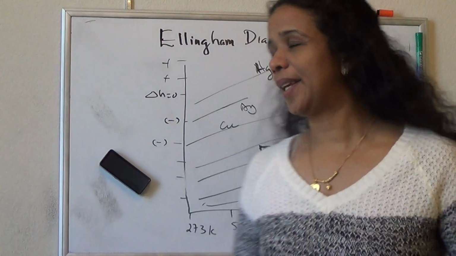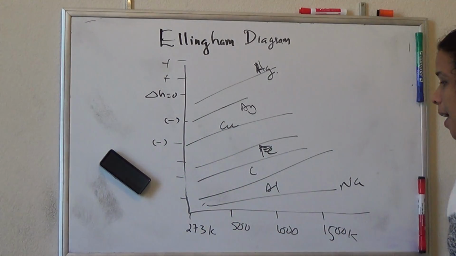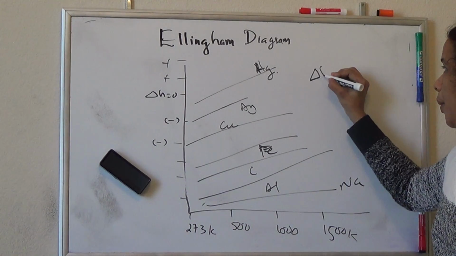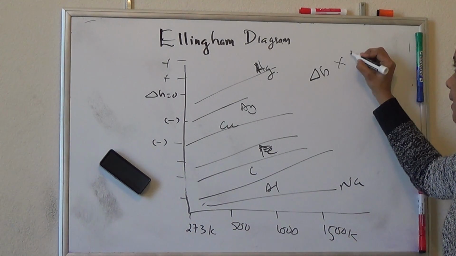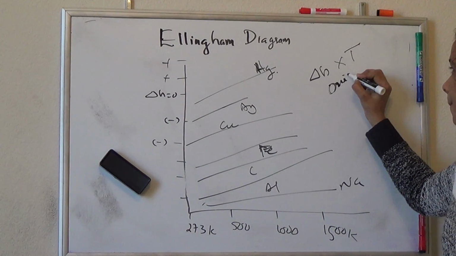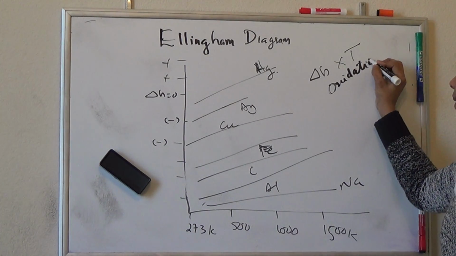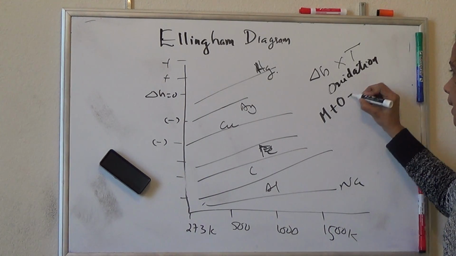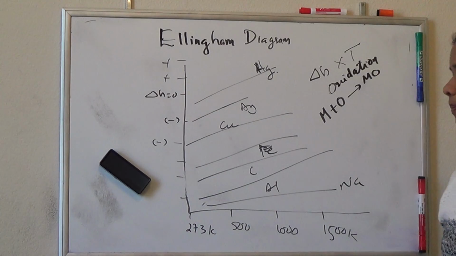We'll continue the topic. So, Ellingham diagram. Ellingham diagram is a plot showing delta G against temperature for oxidation. Oxidation means element or metal plus oxygen giving metal oxide.